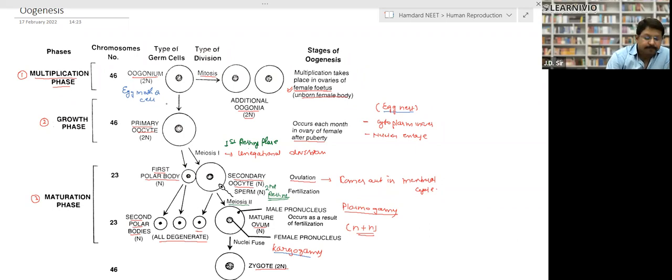Primary oocyte remains at prophase of meiosis first, just before ovulation.